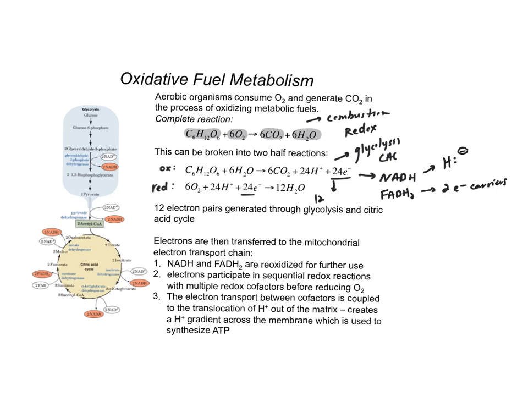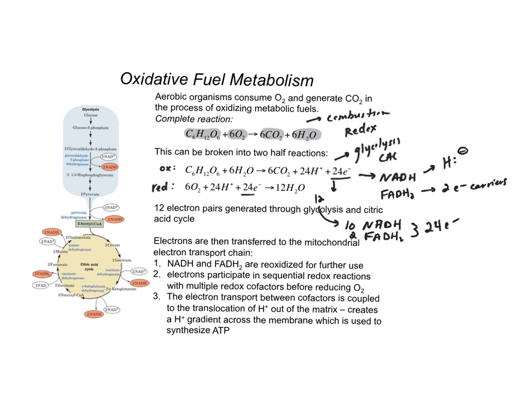So we have 12 electron carriers. How many of those are NADH at this point in time? So 10 of them are NADH, and then 2 of them are FADH2. Again, each of these guys contains 2 electrons, so this is our 24 total electrons, or 12 electron pairs.